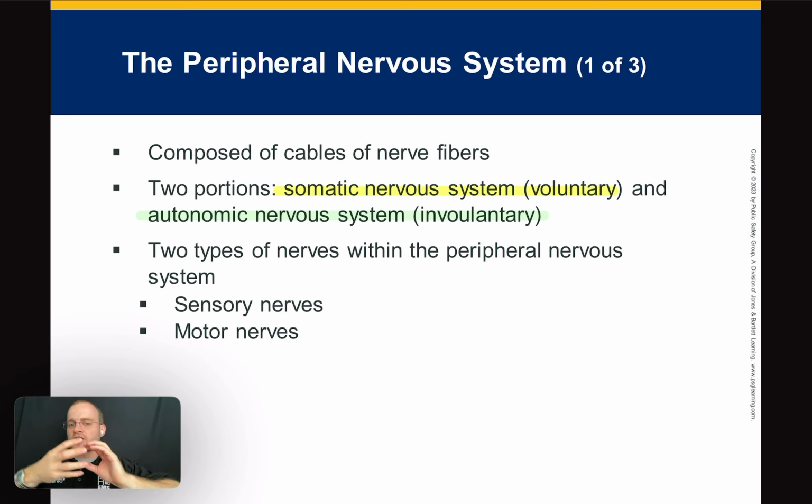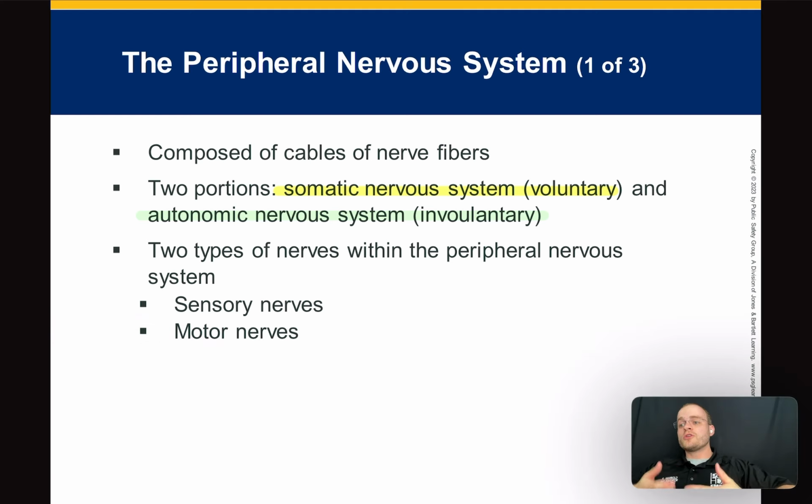And obviously, in our fingers, we have a lot of sensory compared to my abdomen. I don't need a lot of sensory in my abdomen, but I need a lot of sensory in my hands or my face. And then motor nerves makes sense. When you hear the word motor, you can't think of like a V8. I want you to think it's more like muscle. It's muscle movement. So motor nerves are going to control muscle, especially voluntary muscle. Okay.